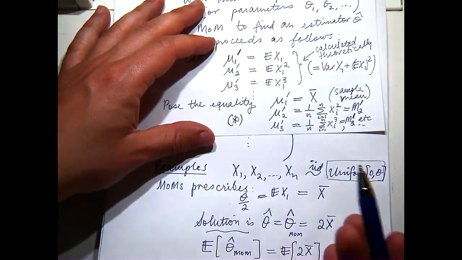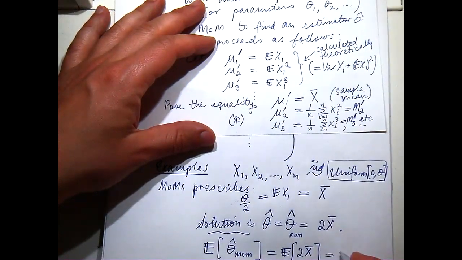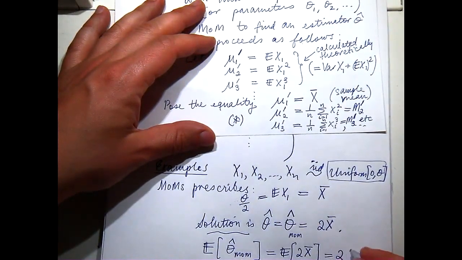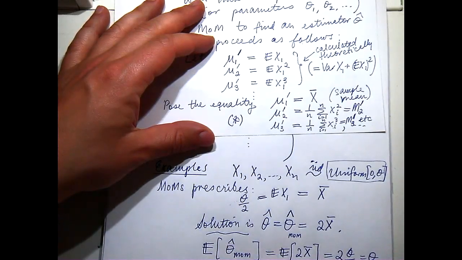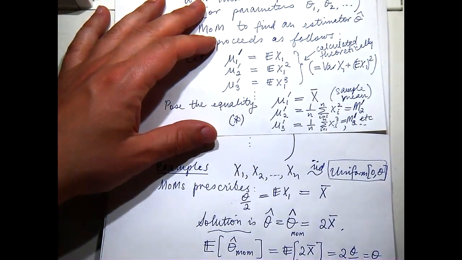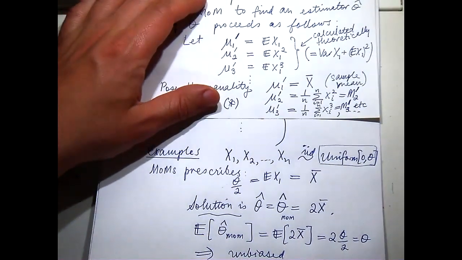You remember that always, whenever there's a mean of the Xi's, then X bar has the same mean. So that's 2 times the mean of X1, which is of course theta over 2. So it's theta. That means the estimator is unbiased. That frequently happens with the method of moments. Not always, but frequently.